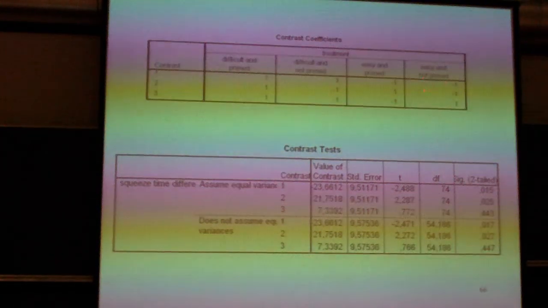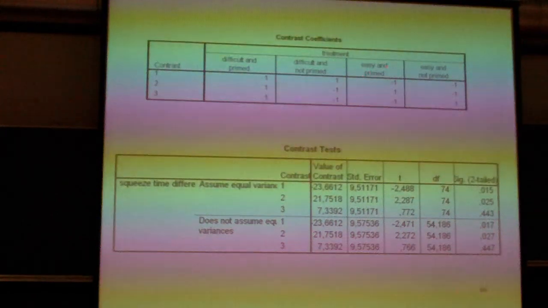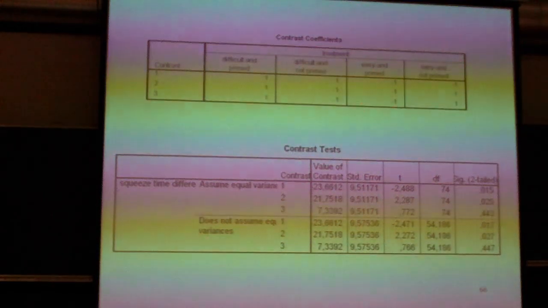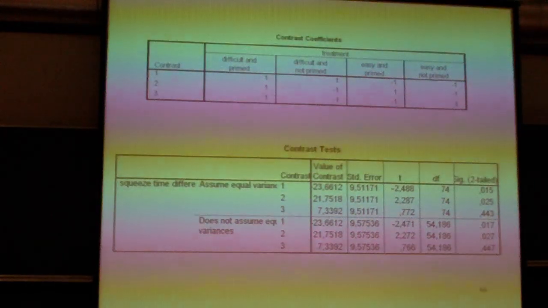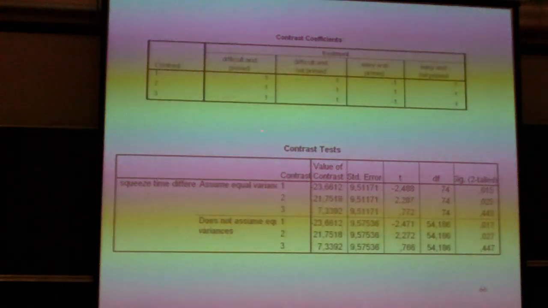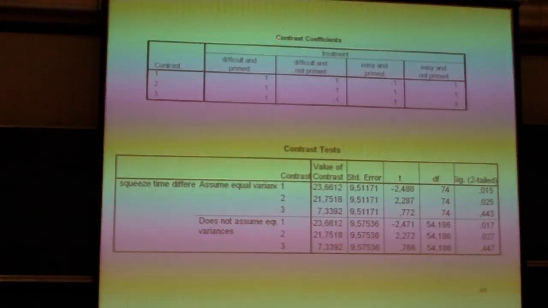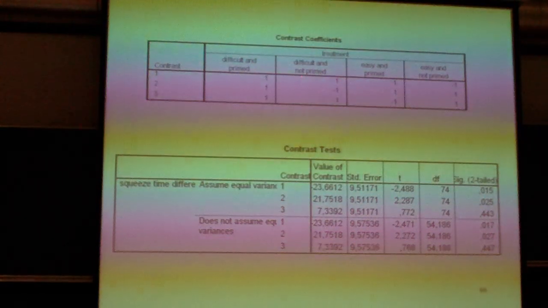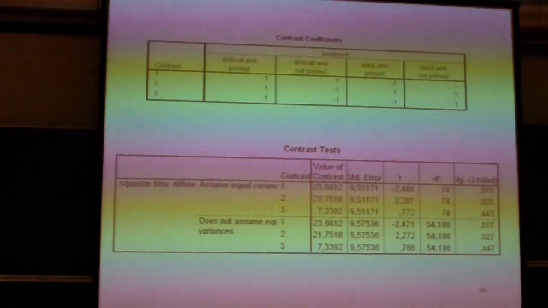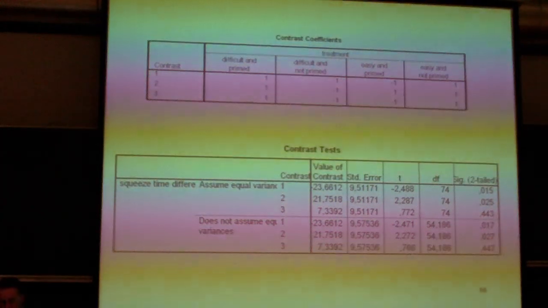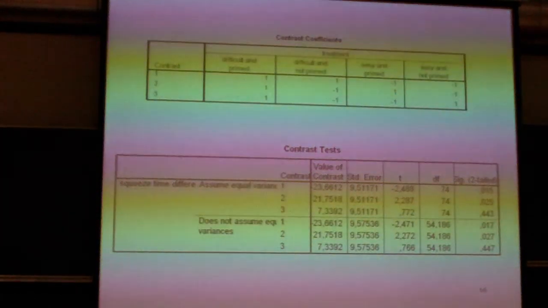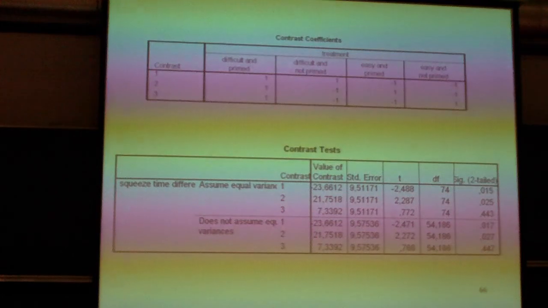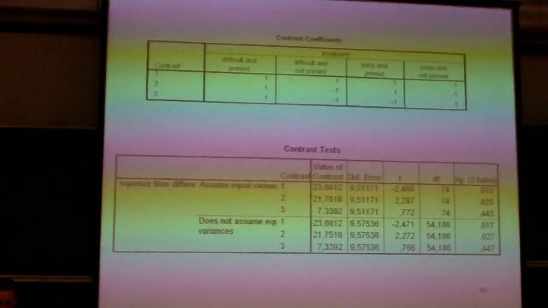And by looking at this table, once again, I can very quickly determine what sort of hypotheses have actually been tested over here. So looking at the various groups, difficult and prime, difficult and not prime, I can see that the first contrast tests for a difficulty effect, and the second contrast a priming effect, and the third contrast an interaction effect.